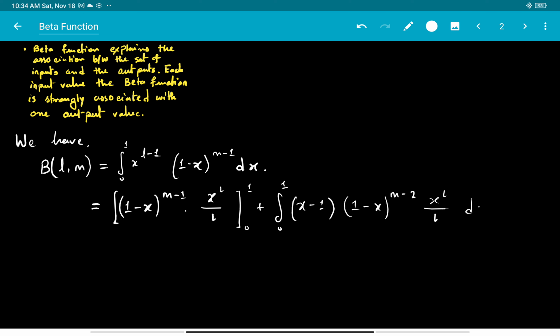So we will get m minus 1 over L, integral from 0 to 1 of (1 minus x) to the power m minus 2 times x to the power L dx. Okay, fine.